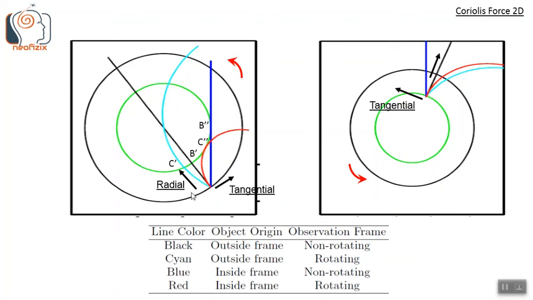The black lines originate outside the rotating frame. The blue lines in both the panels are also being observed from an inertial frame, but they originate within the rotating frame itself. That is, these are like cannonballs being fired from within the rotating frame, not from outside. So these are very much part of the rotating frame.